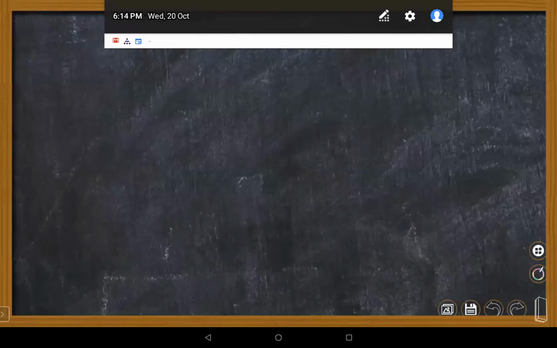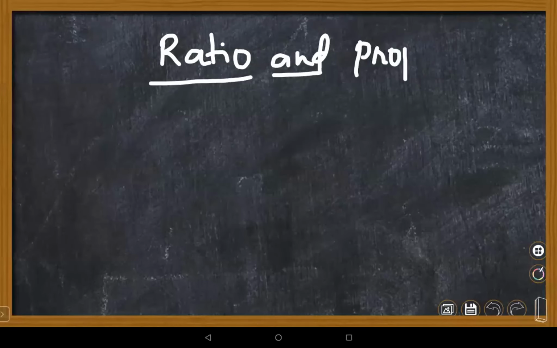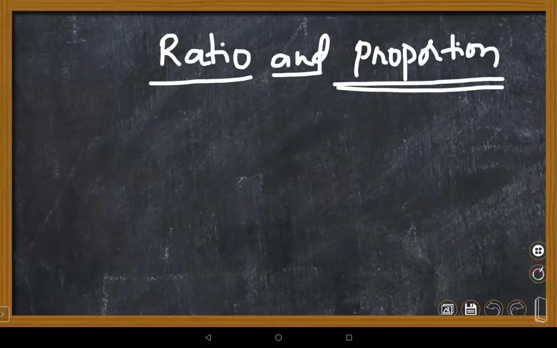Ratios and proportion. Ratio. What is the meaning of ratio? Why do we need to learn this chapter? Did you hear the word ratio in grade 6 too? Yes, ma'am. What is the ratio, children? Is it a comparison? Yes, ma'am, proportion is the comparison between ratios. Very good.